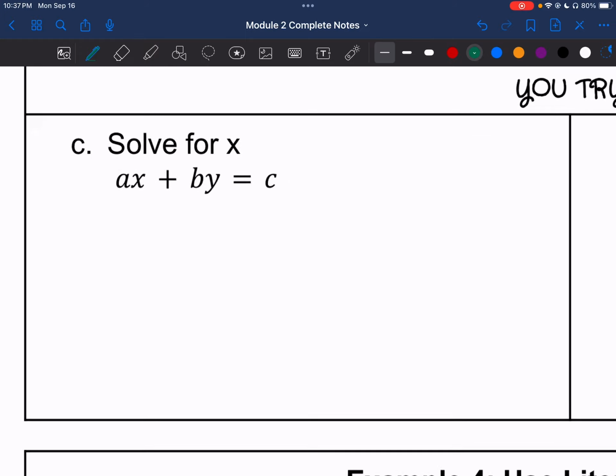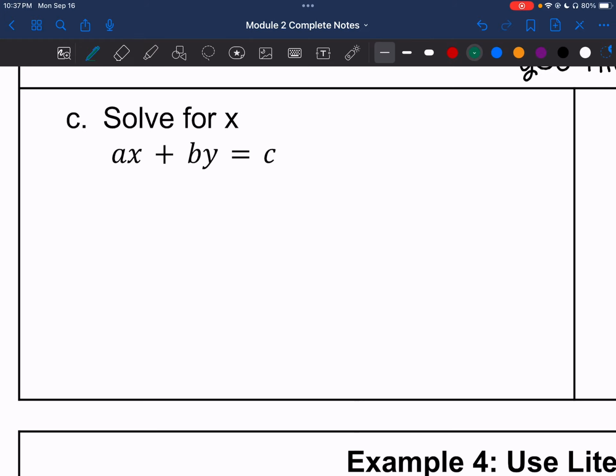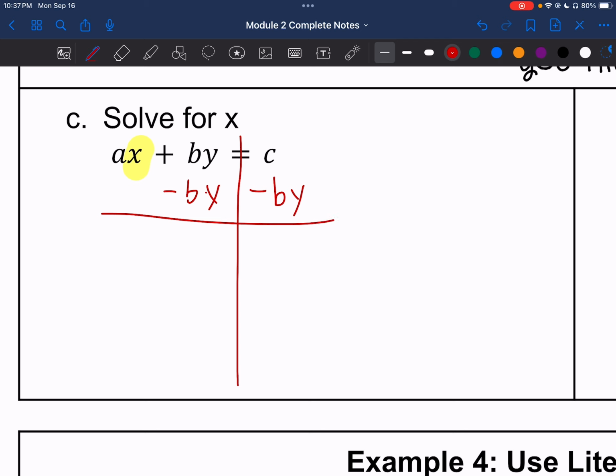So letter C, we have an equation that is in standard form. We'll learn more about that as the year goes on. But what you need to know right now is we are solving it for x. So we're trying to get x by itself. So I'm going to again highlight the x. My first thing that I see is that we are adding by to it. So I'm going to subtract by from both sides. And we get, and that's by, not x.